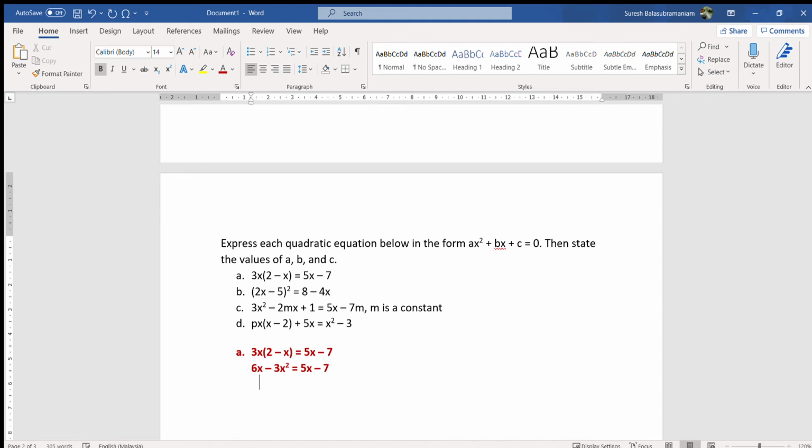So bring everything to my left, so I'll get minus 3x square plus 6x minus 5x plus 7 equals to 0.